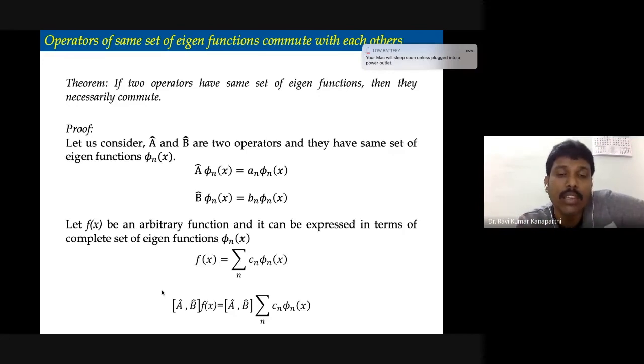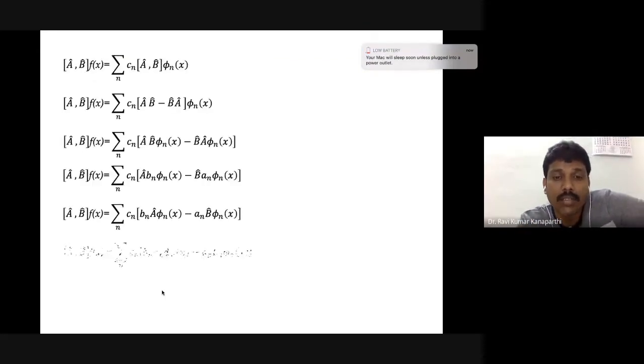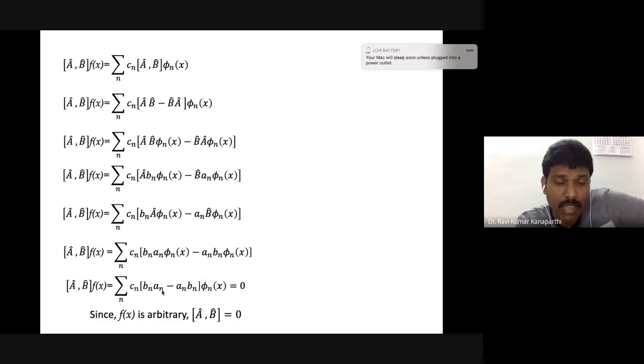If they commute, the commutator must be 0. We proved at the end that since this object AB multiplied by f of x becomes 0 for any arbitrary function f of x, the commutator is 0. Therefore, we conclude that they commute with each other. That proves the statement: if the operators have the same set of eigenfunctions, they commute with each other.